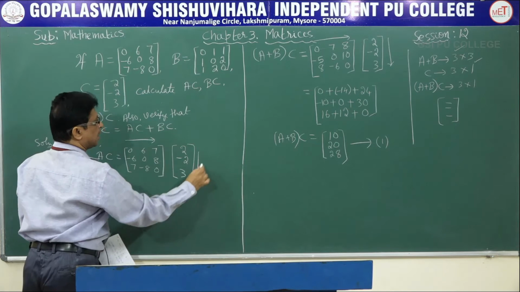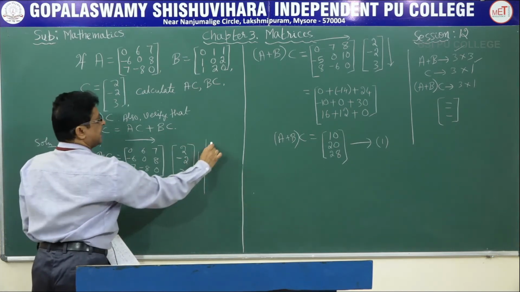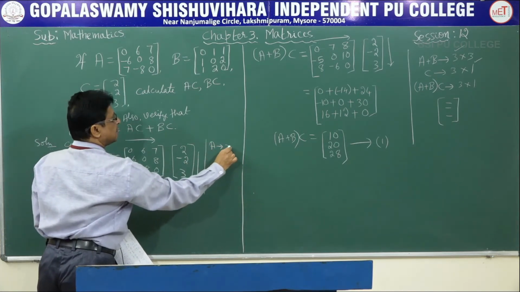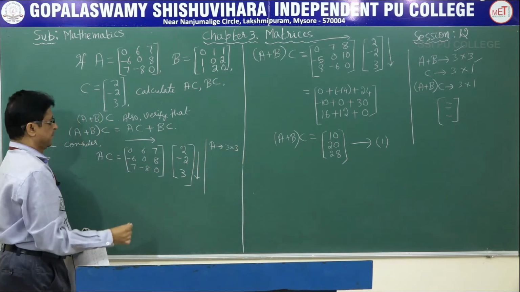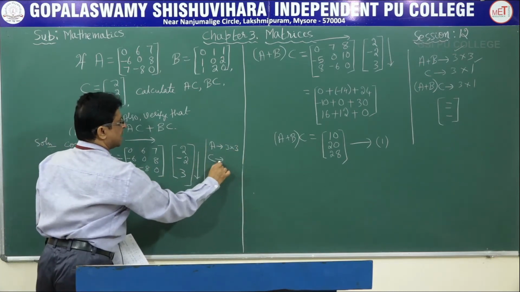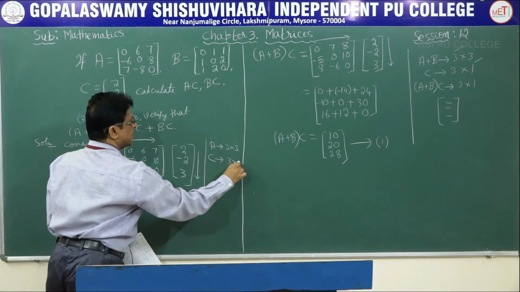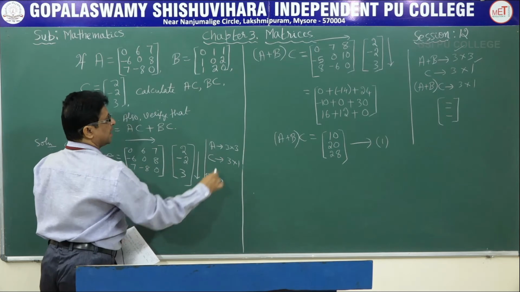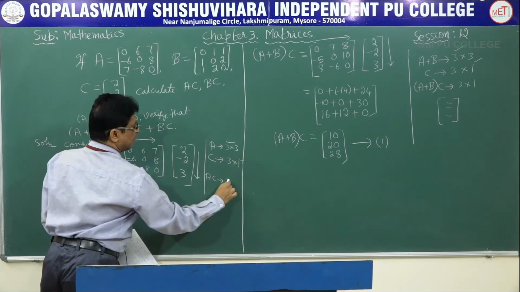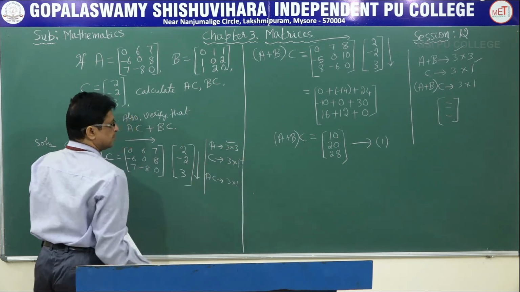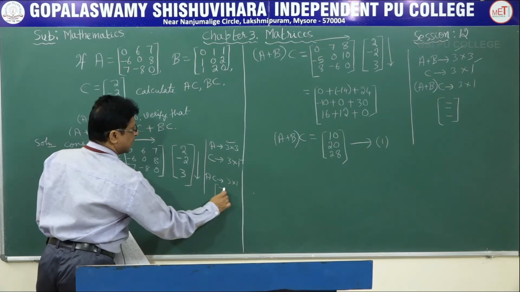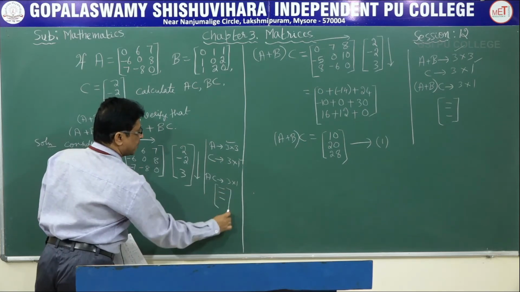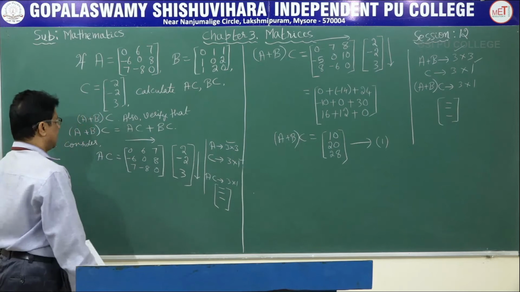Row into column, that is A matrix will be of the order 3 into 3 and C matrix will be of the order 3 into 1. So AC matrix will be of the order 3 into 1. That means AC matrix has 3 rows and 1 column.